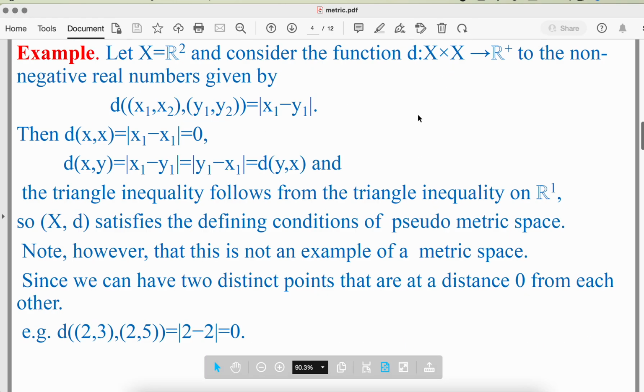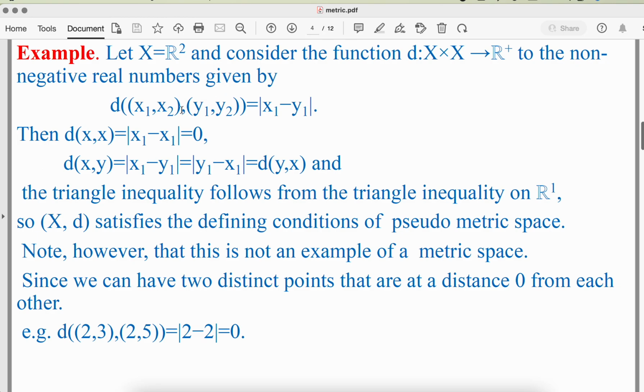One example of a pseudo metric is this: consider the two-dimensional real space and consider the function d to the non-negative real numbers, defined by d of the ordered pair (x1, x2) and (y1, y2) equal to the modulus of x1 minus y1. Because it is a two-dimensional space, we have considered ordered pairs.